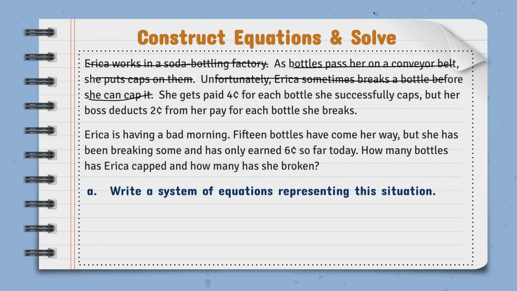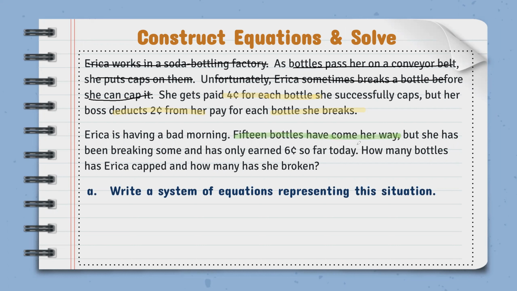What we do want that can help us is she gets paid 4 cents for each bottle she successfully caps, but her boss deducts 2 cents for each bottle she breaks. So that's important to know. We also need to know that 15 bottles have come her way.